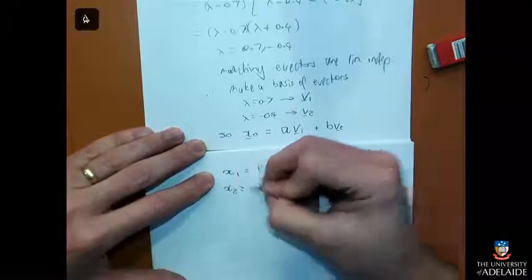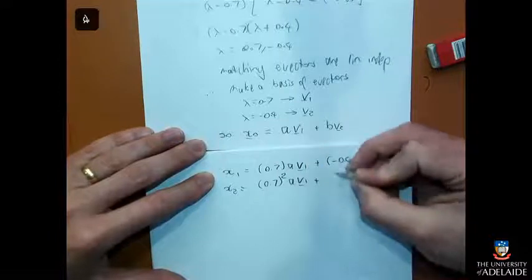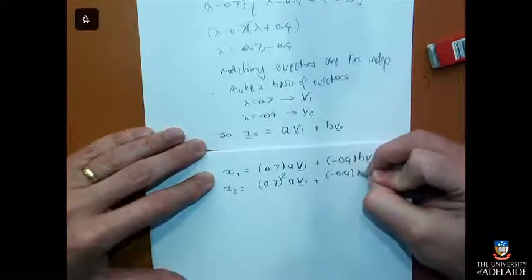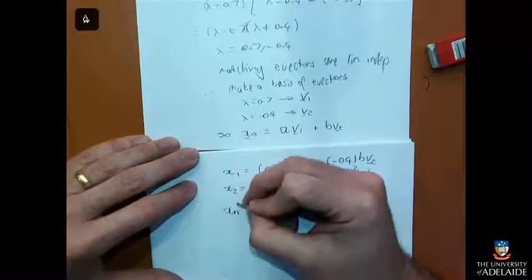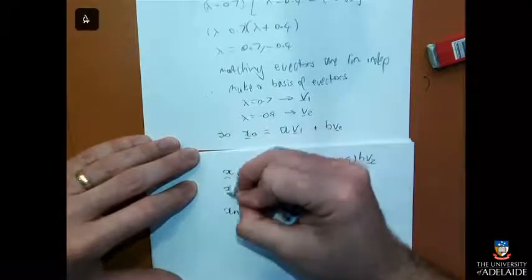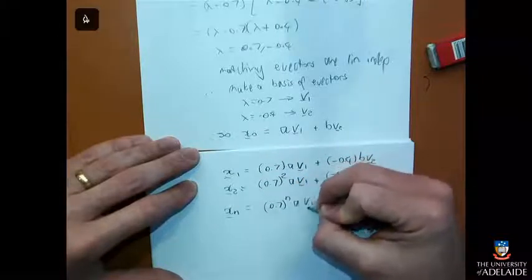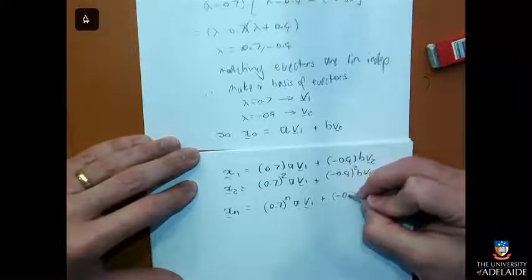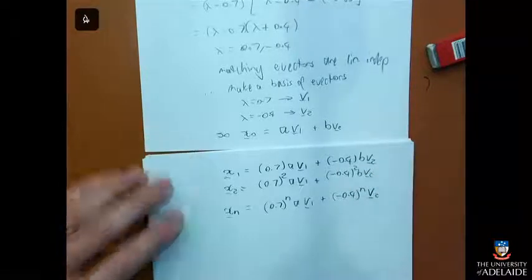And x2 will get that squared. And if we just keep doing that over and over, the nth one will be this.